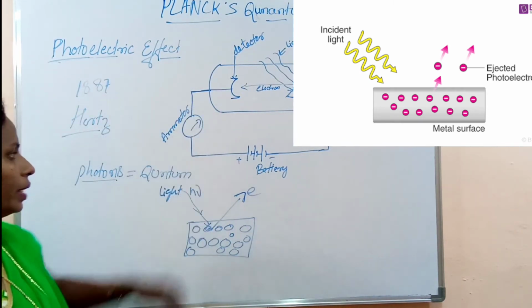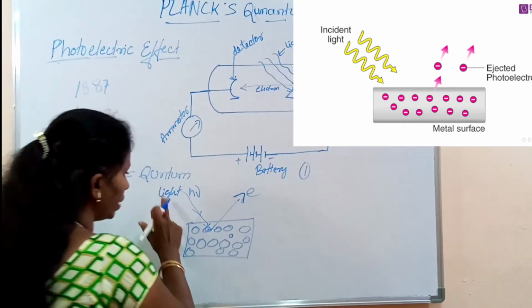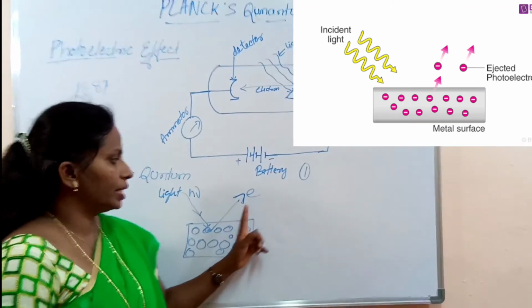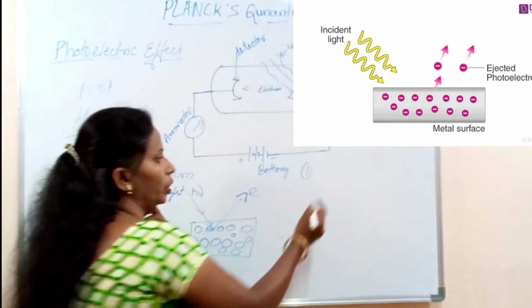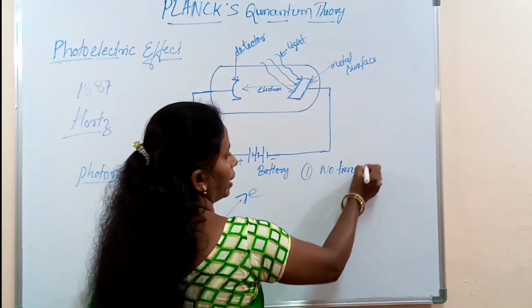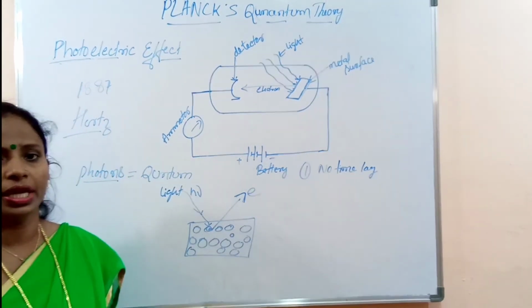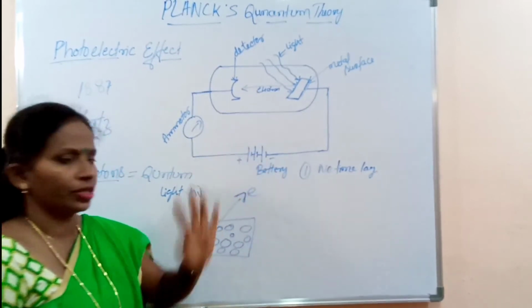In this experiment, they first observed that as soon as the light radiation is incident on the metal surface, there is immediate ejection of an electron. There is no time lag between incident radiation and ejected electron. When it is incident, immediately there is an ejection.